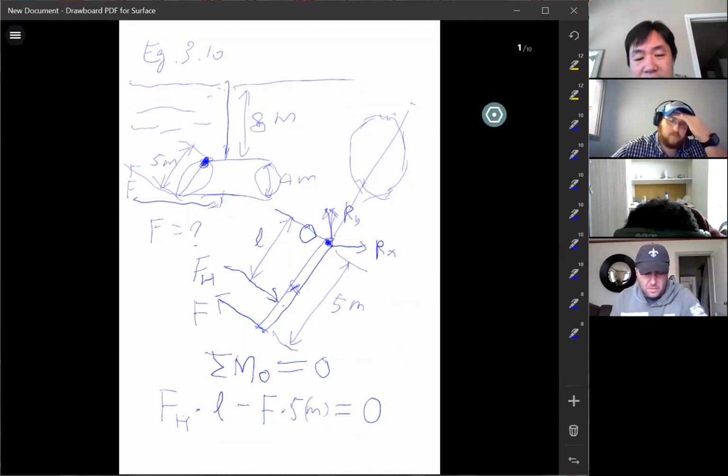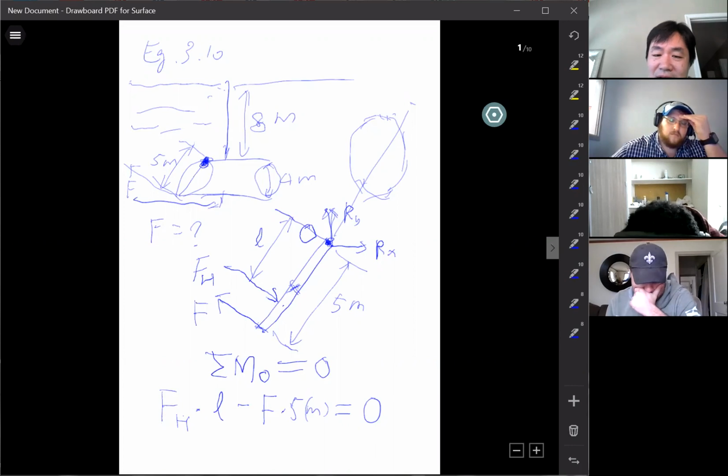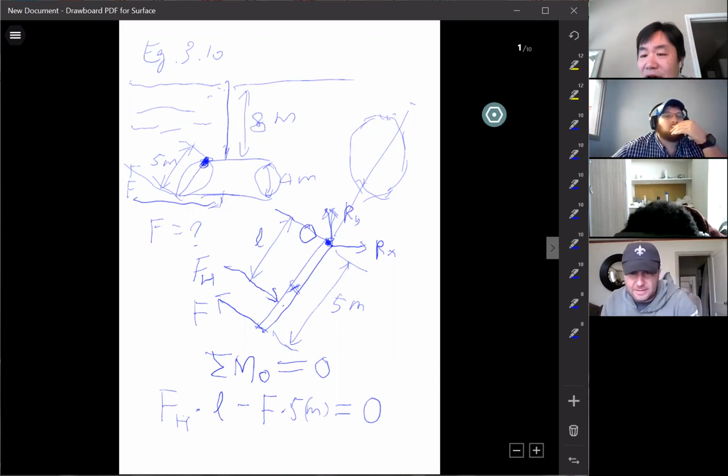If you have L representing length, would that be fine? Yeah, as long as you use a letter consistent with the equation. You write the letter down there for this 5 meters, let's say H, and in the equation, for the 5 meters, you have to use H. Just be consistent. As long as it's consistent, you won't lose points.